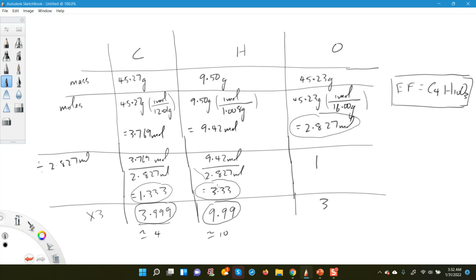Just to recap, at this stage, if you get numbers that are very far from an integer, then you need to identify an integer by which you multiply these numbers so that they become much closer to integers. Then you go from there to establish what the empirical formula is. Okay, we're going to stop here for this one.